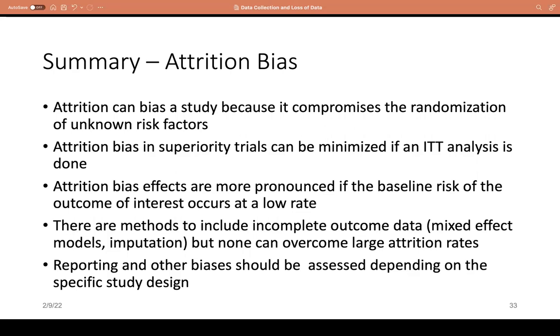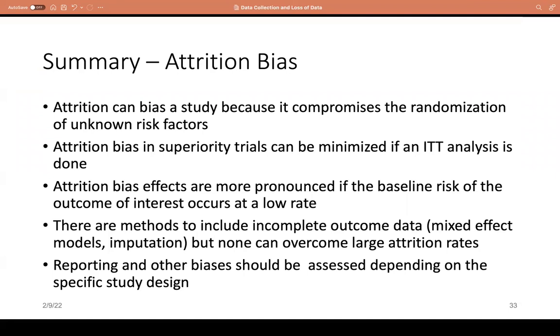Again, the primary method is also to try to minimize attrition overall in the design stage. There are methods to include incomplete outcome data. There are different ways to impute these data, but none are perfect, and especially if you have tons of attrition, that's going to continue to be a real problem.